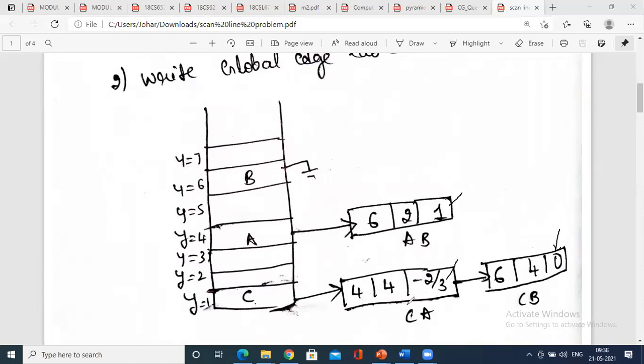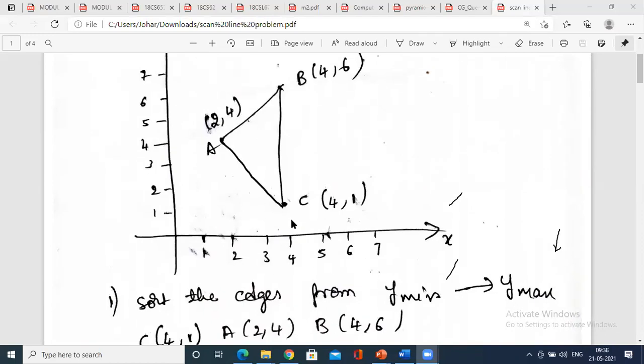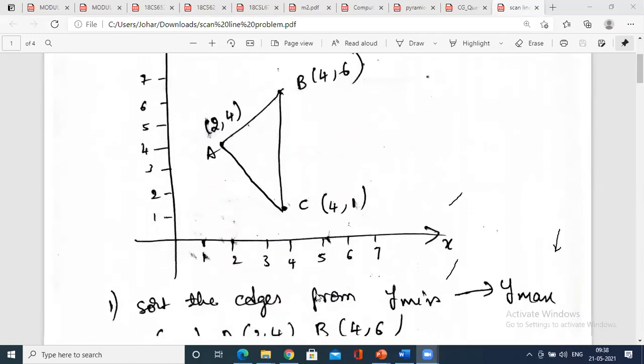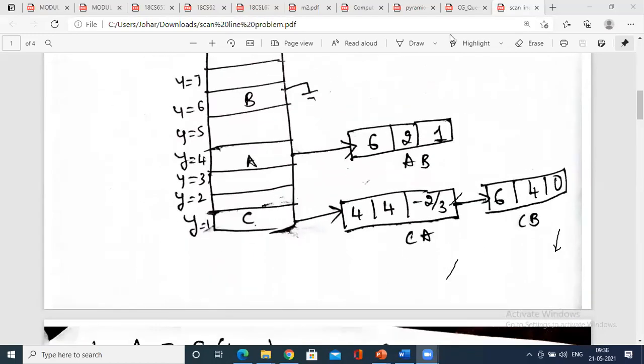For y equals 1 here, what are the coordinates of CA? The coordinates of CA are 4124. Calculate the slope of the line, that is y2 minus y1 by x2 minus x1, delta y by delta x. Since we are taking it in reverse, you have to calculate the slope of the line.